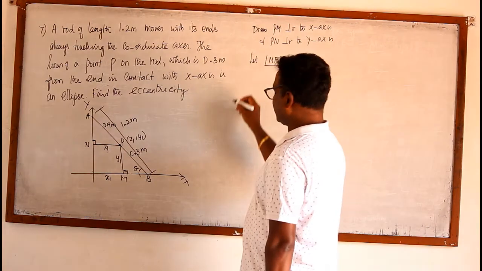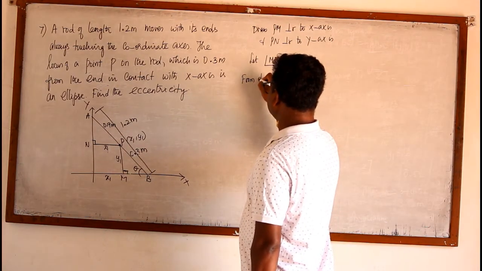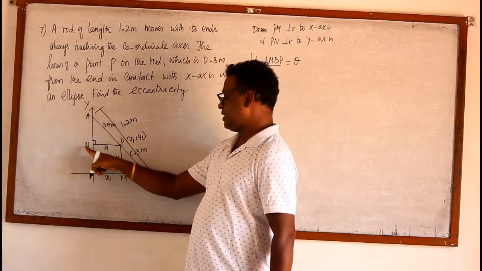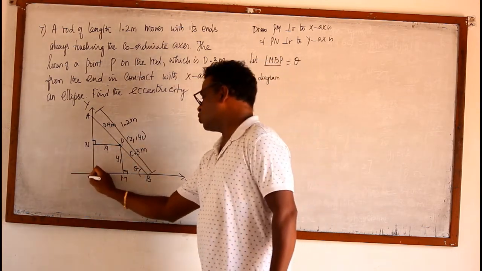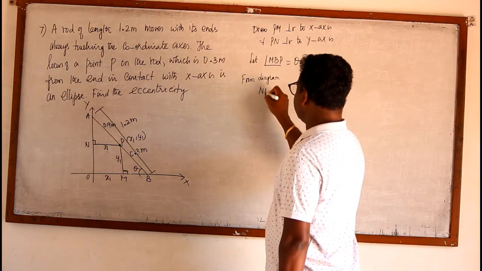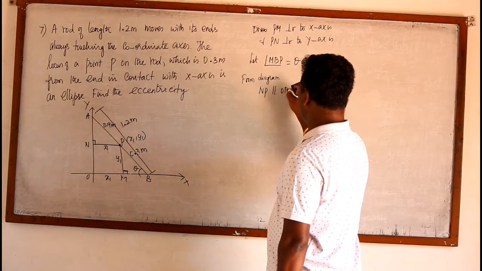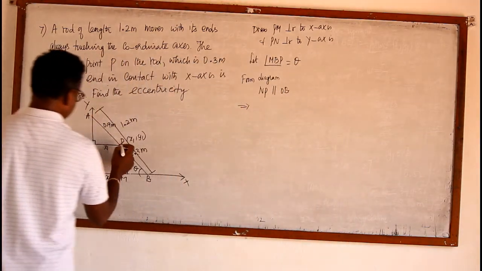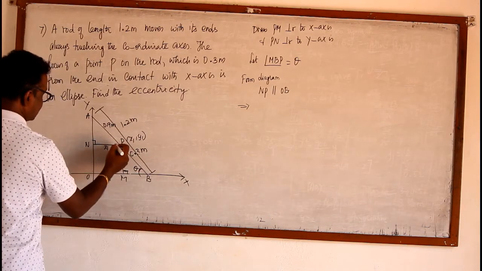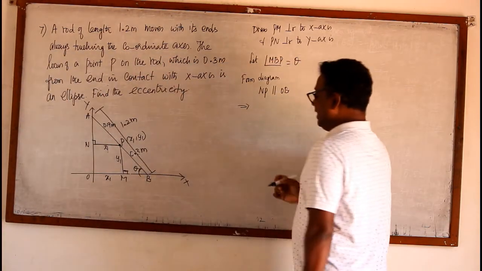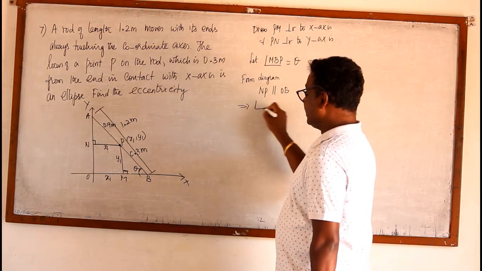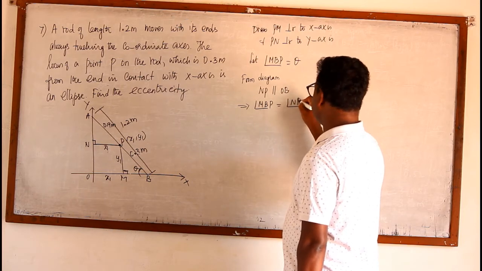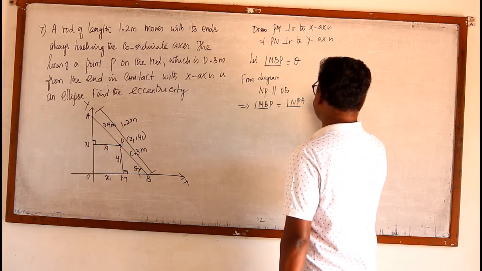Then from the diagram, since these two are perpendicular, NP is parallel to OB. Then MP is parallel to OB, and these two angles are equal. Then this implies angle MBP equals angle NPA, since they are corresponding angles.